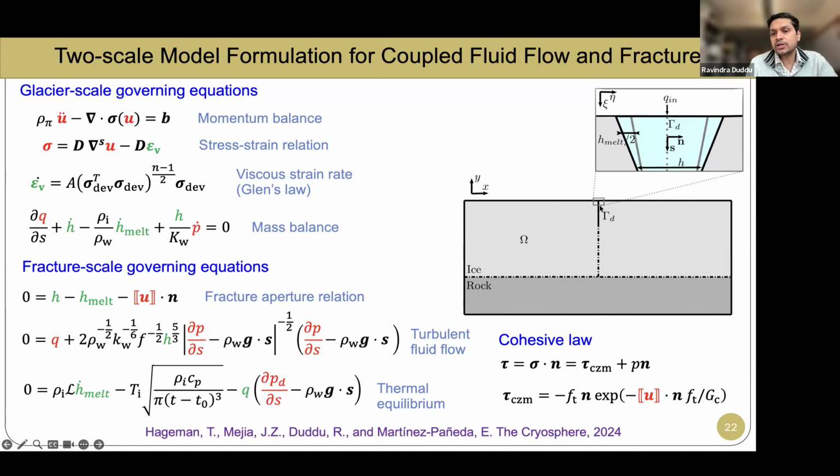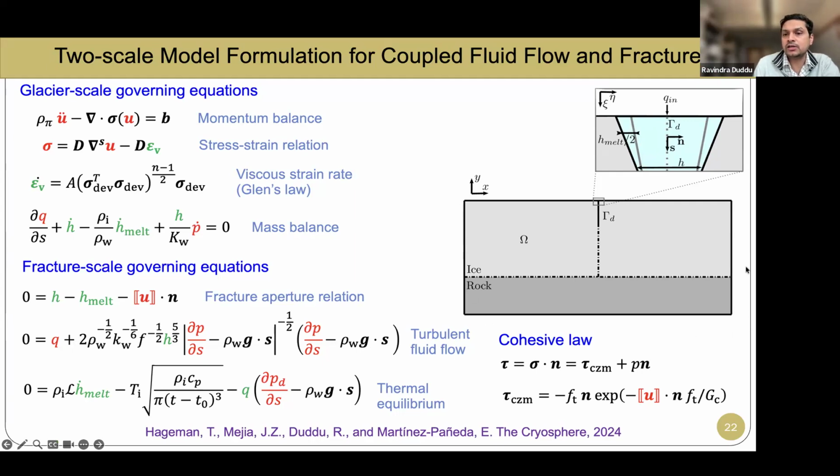But the fracture is just a line, which is this vertical line that I'm showing with my cursor on the screen. And so we don't want to resolve the fracture with the same type of mesh size and 2-dimensional mesh as you would do for the entire ice domain, because that would then become prohibitively expensive. And so we make it 2 scales.